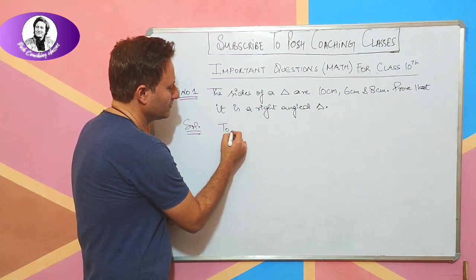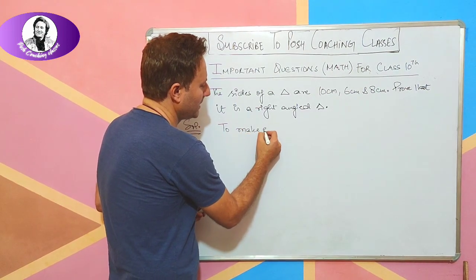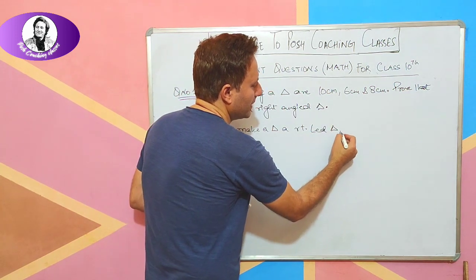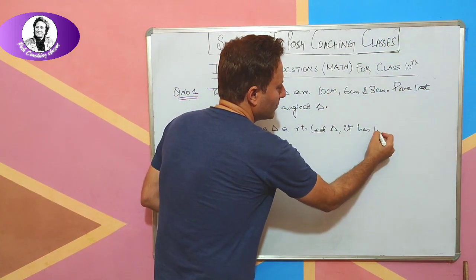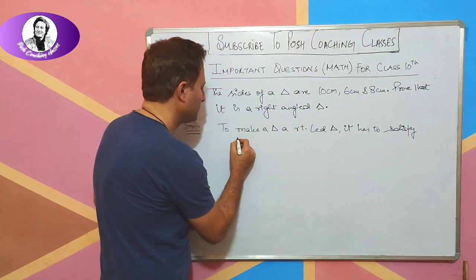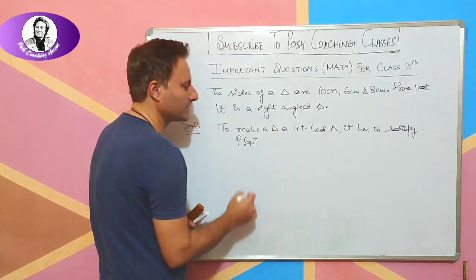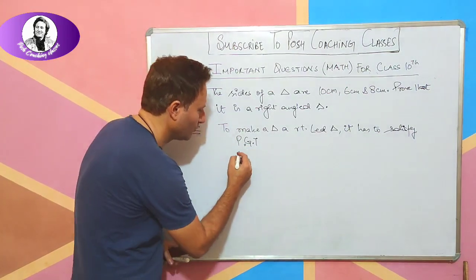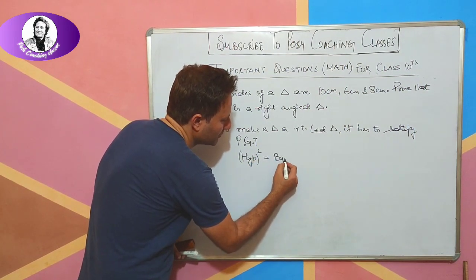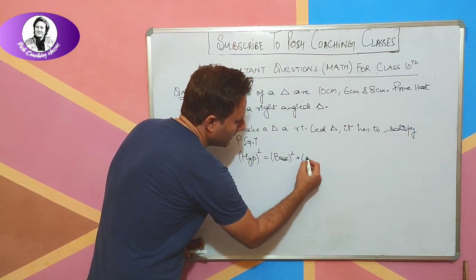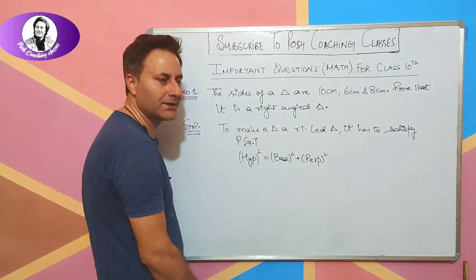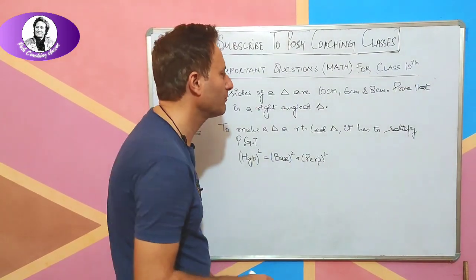To make a triangle a right angled triangle, it has to satisfy PGT. What does that mean? Pythagoras Theorem says hypotenuse square is equal to base square plus perpendicular square. So adding these two, we should get this. So left hand side should be equal to right hand side.